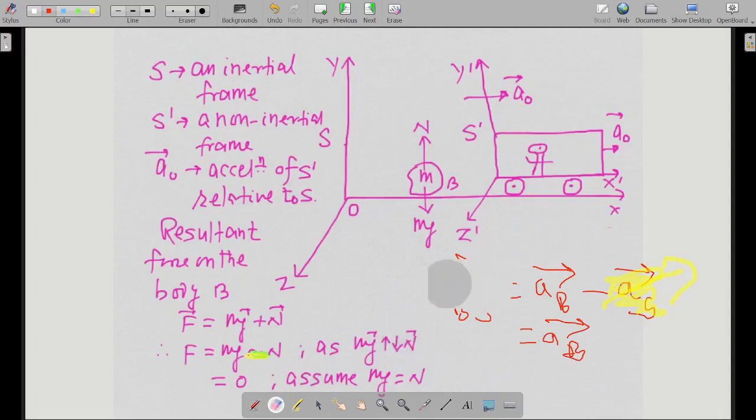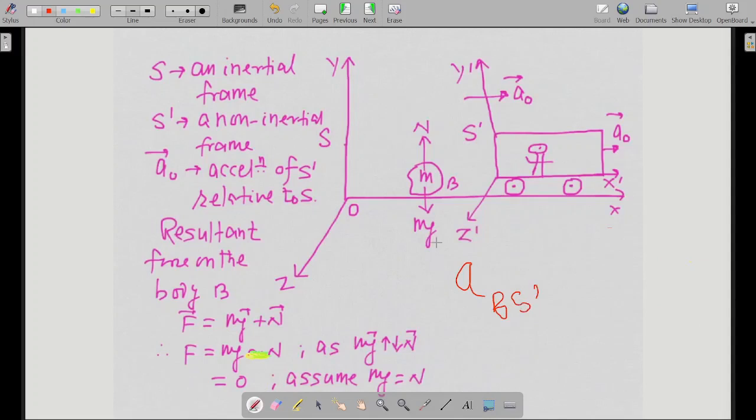But if we try to find the same thing with respect to S prime, what will happen? With respect to S prime, I want to find out a B S prime vector, so acceleration of body B vector minus acceleration of S prime vector.